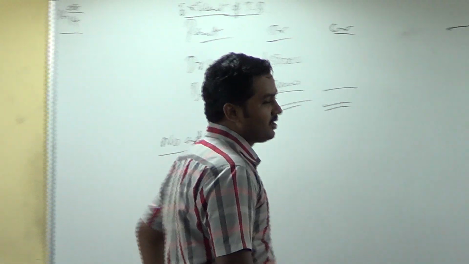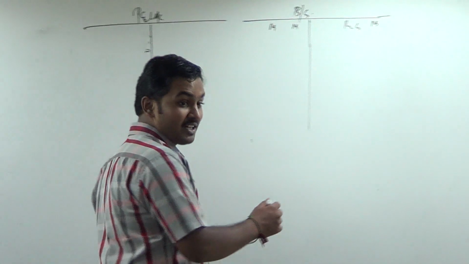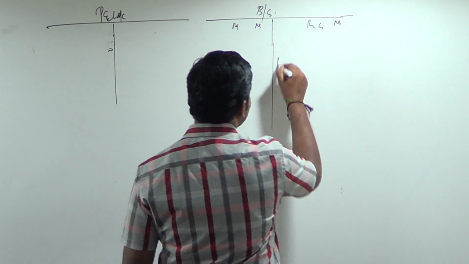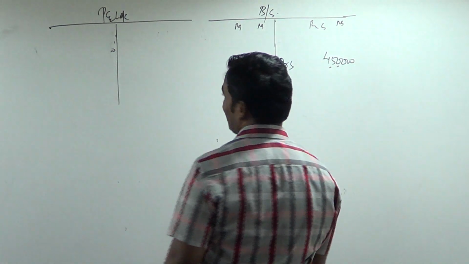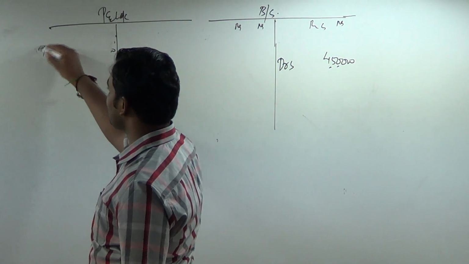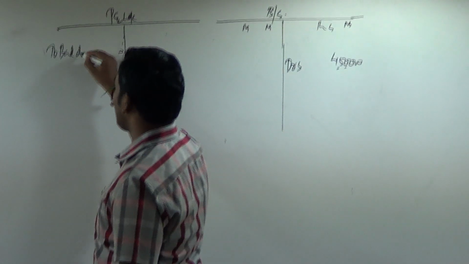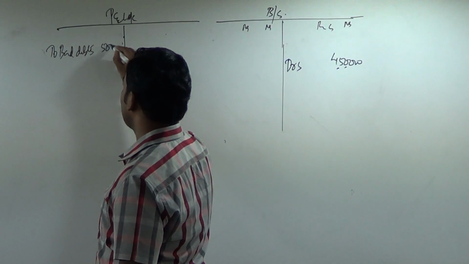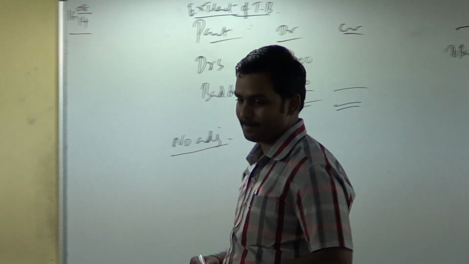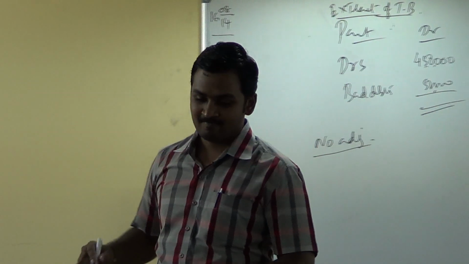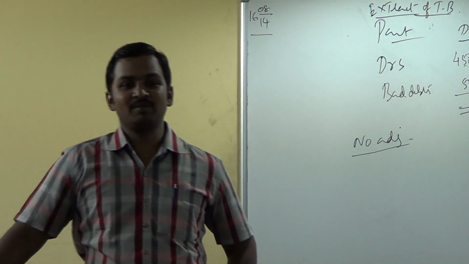Where should you show debtors now? Debtors in the balance sheet, 4,50,000 outer column. Bad debts is a loss already recorded, so to bad debts 50,000 in the P&L account. So what is the treatment of bad debts?